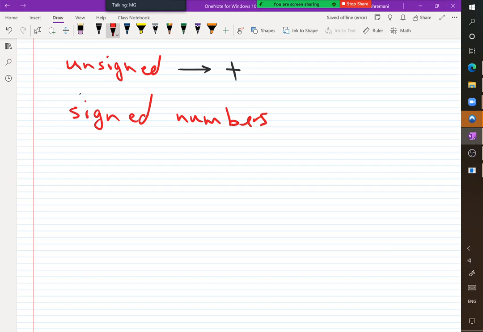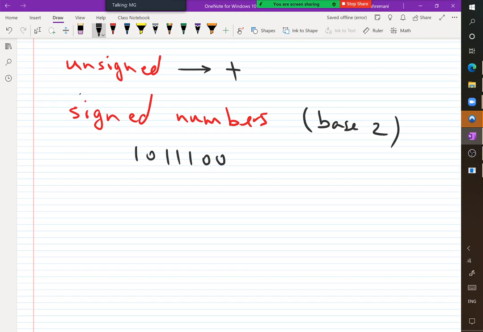Usually we discuss signed numbers in base 2, in binary mode, because base 2 is the language that a computer understands, and base 2 consists of zeros and ones.